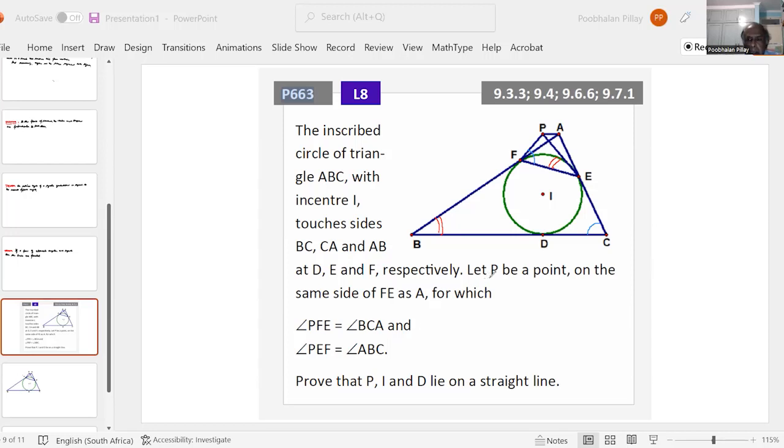Now, just those facts are given, and you're asked to prove that P, I, and D lie on a straight line. That means if I join PD, you can only draw one line through 2 points. There's no guarantee that I is on that, but you're asked to prove that I is on that line. They all three lie on the same straight line.